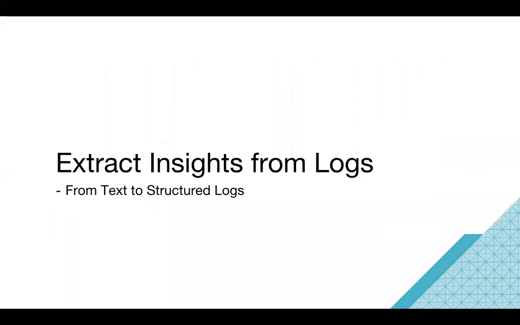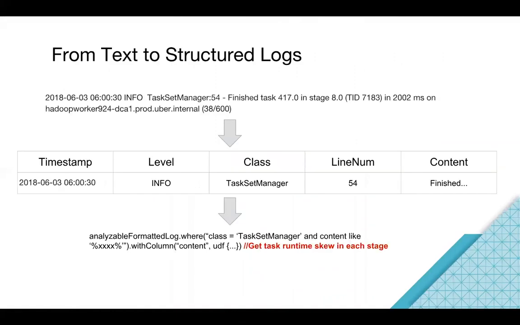Then, as we said, the first design consideration about insights extraction contains 2 parts. The first part is about how we transform the text into structured logs. So why do we have to do this step? Logs essentially are just strings. If I give you this string, as in this example, it's very hard to apply any analysis over that.